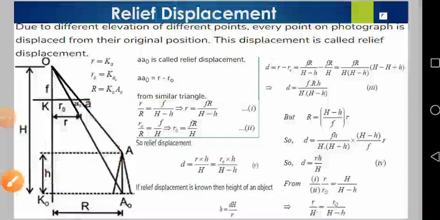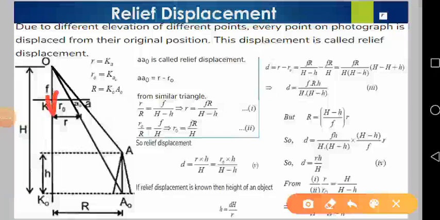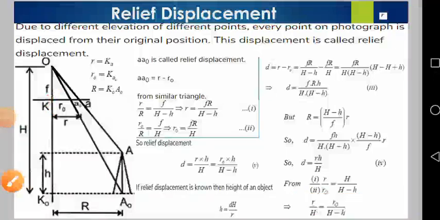Whenever we are talking about a vertical photograph, the relief displacements are always radial from the principal point. The principal point is the geometric center of the photograph. In this illustration, O is the exposure station and f is the focal length.